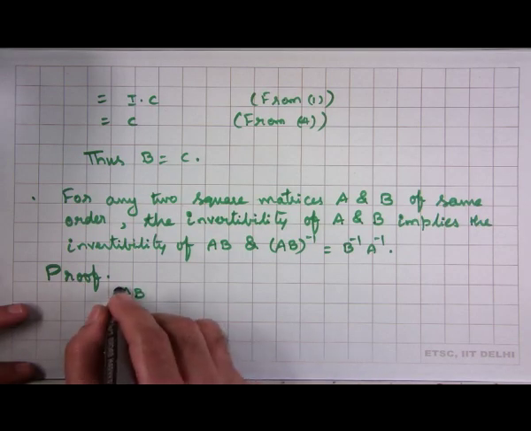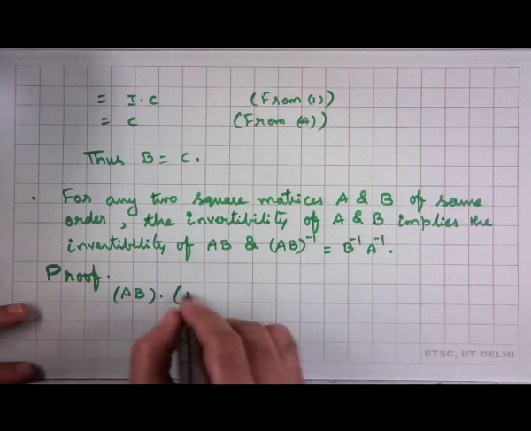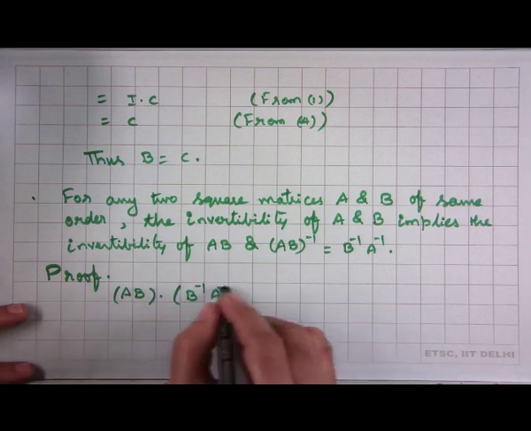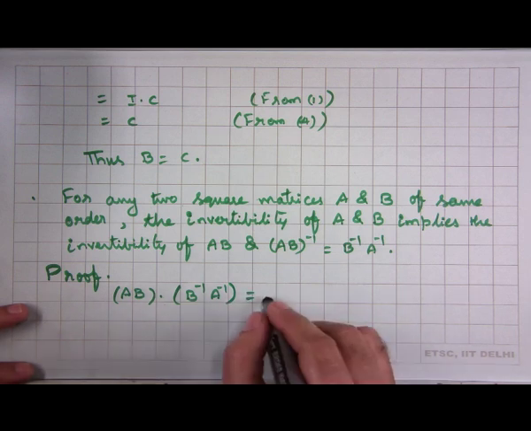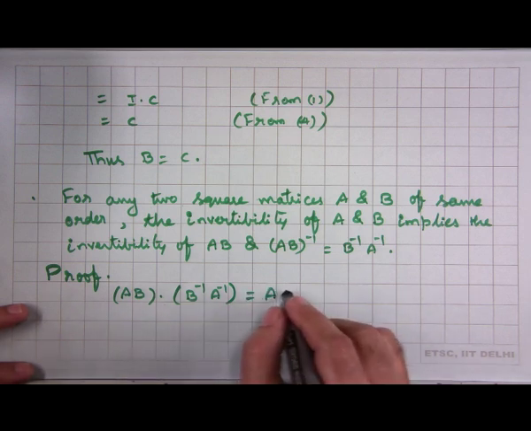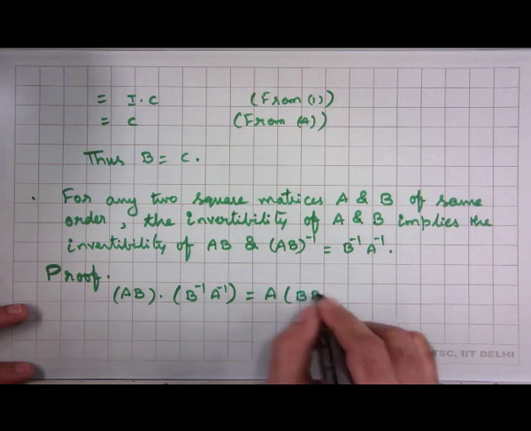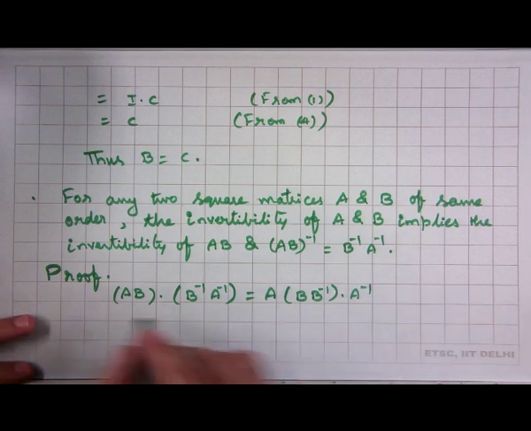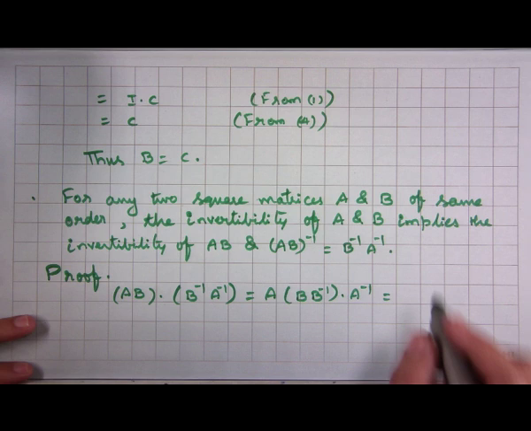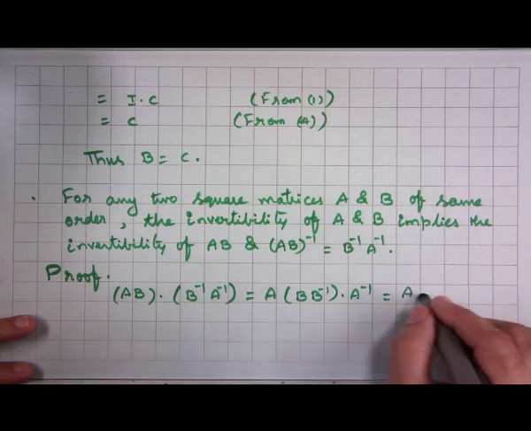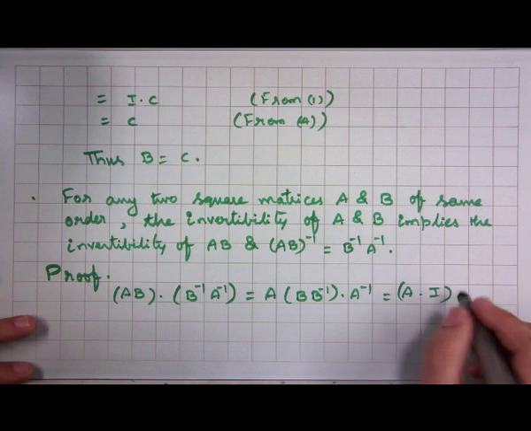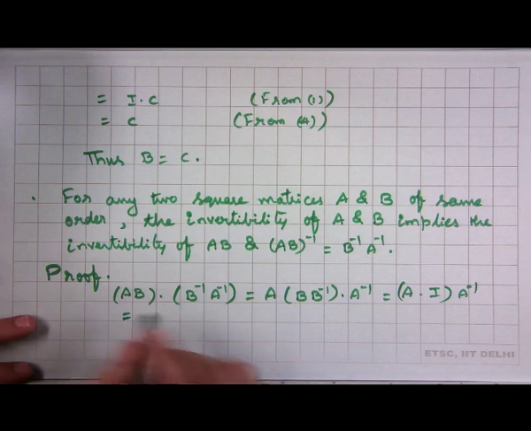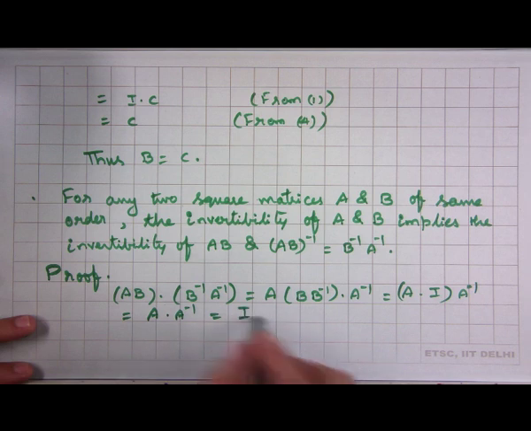AB times B inverse A inverse is equal to A times BB inverse times A inverse, but BB inverse is just the identity. So, this is the same as A times identity times A inverse, but A times identity is just A. A times A inverse is going to be the identity.